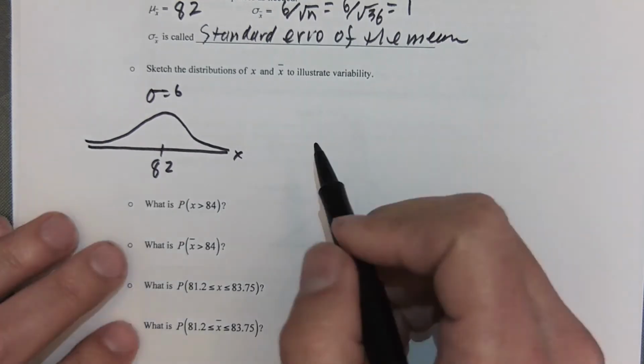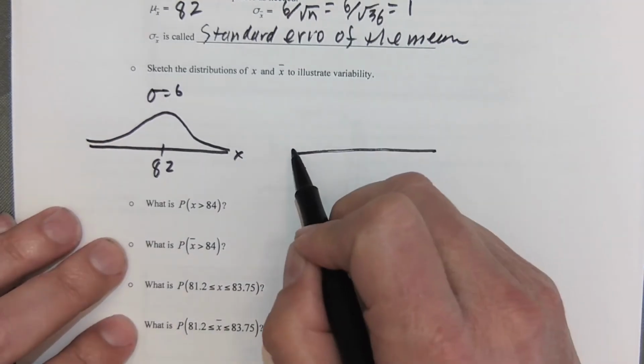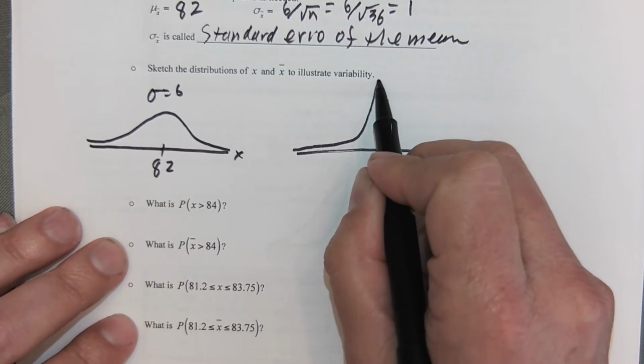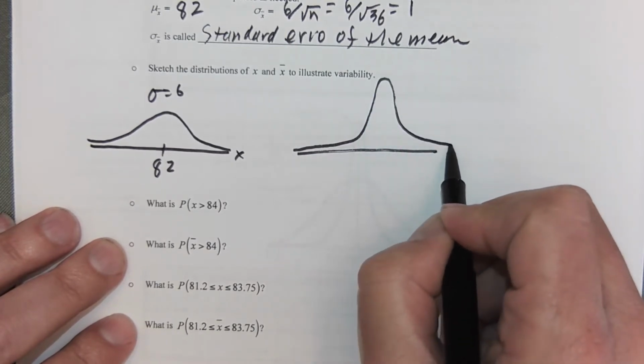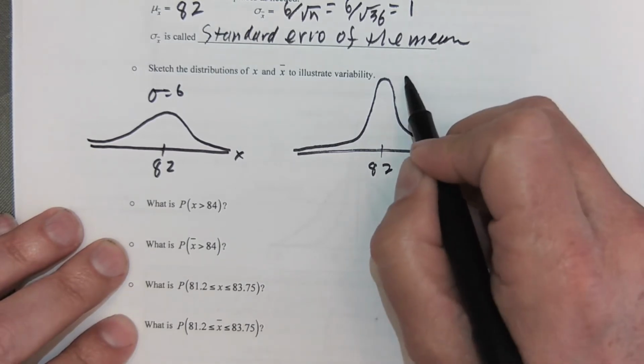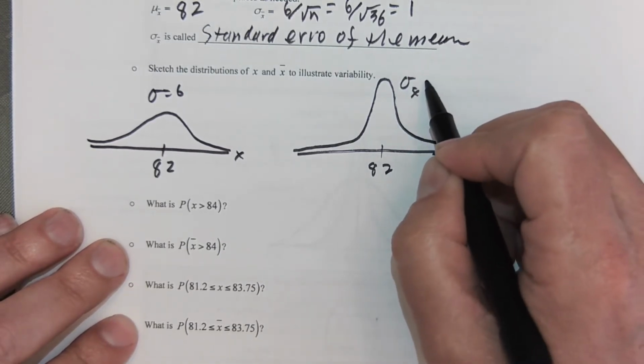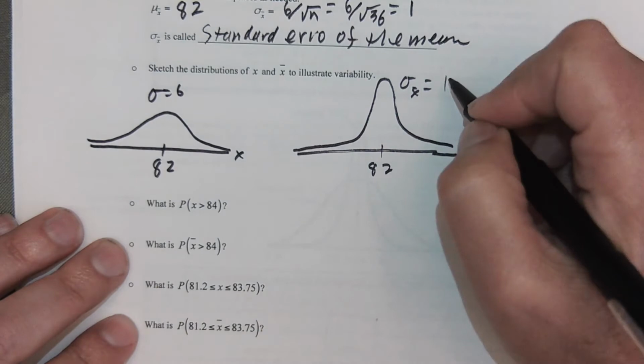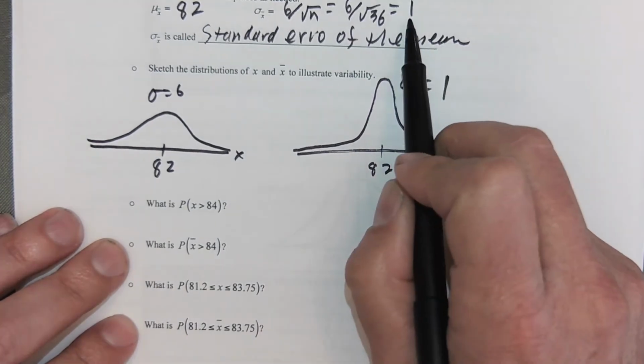And when we're here, we're still at 82 here, but here sigma sub x bar is 1. We calculated that up here.